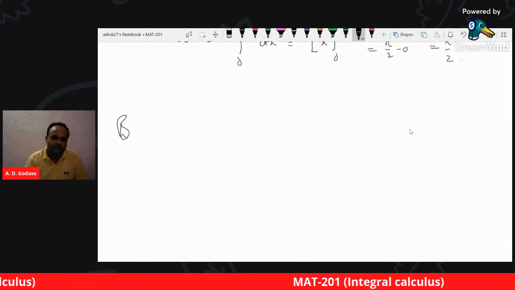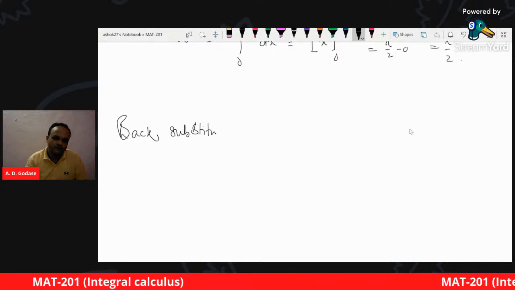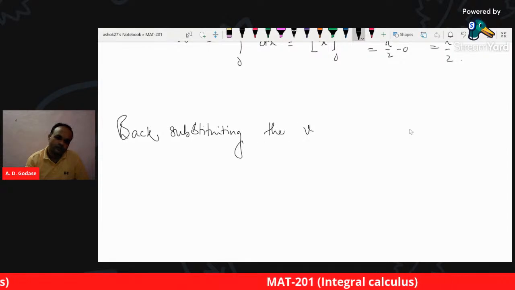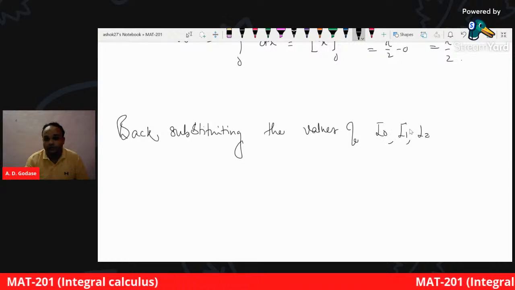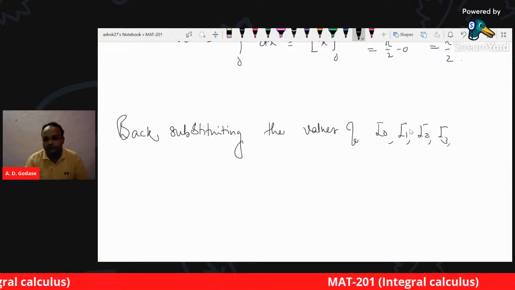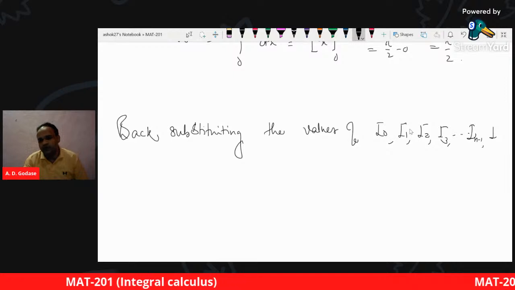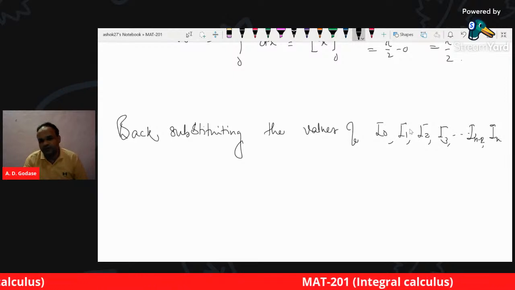Back substituting the values of I0, I1, then I2, I3, up to suppose In minus 1, we will put the value of In minus 1 in In, or In minus 2 in In.